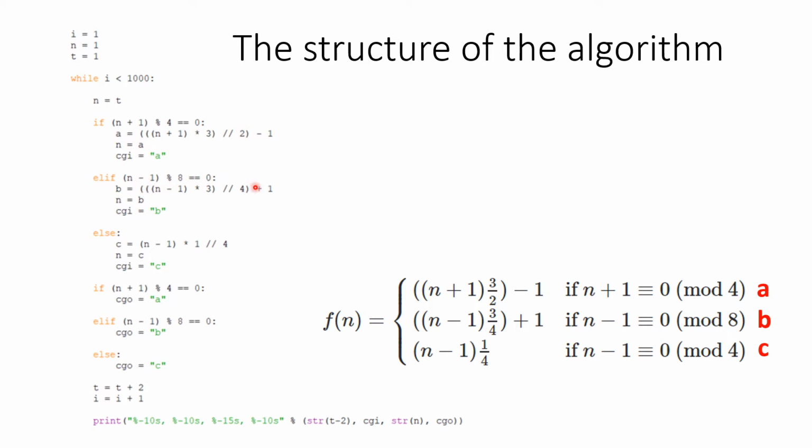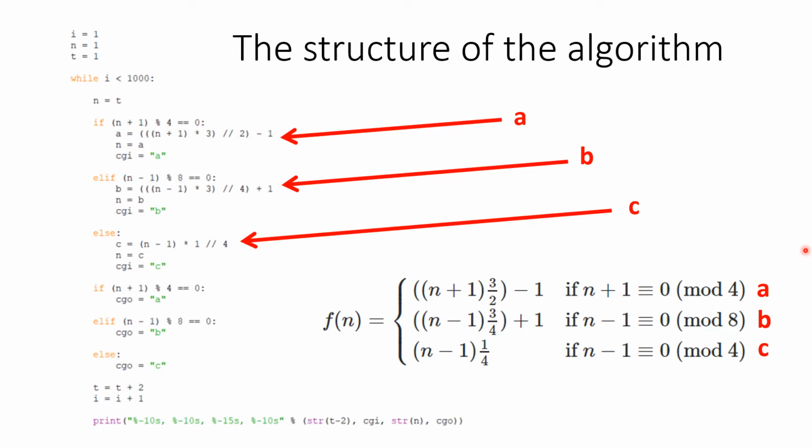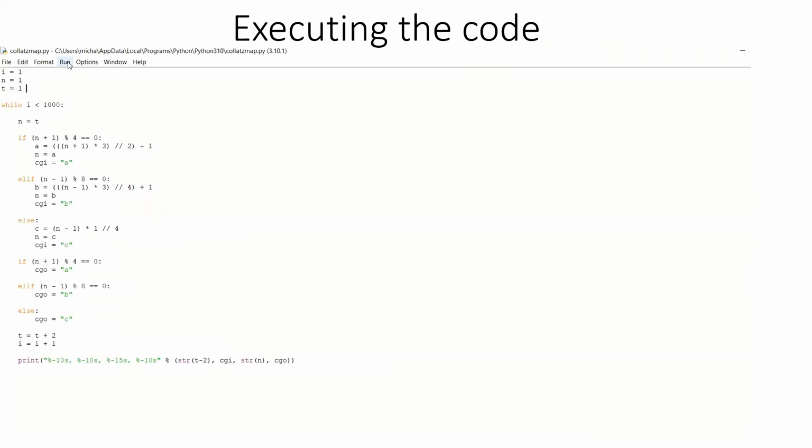Congruence test, operation, and then we don't need the congruence test in the else case because it's taken care of. It's got to be one of these three. So there we see the A, B, C correspond with those in the function, and just like I said, the input ABC and the output ABC.